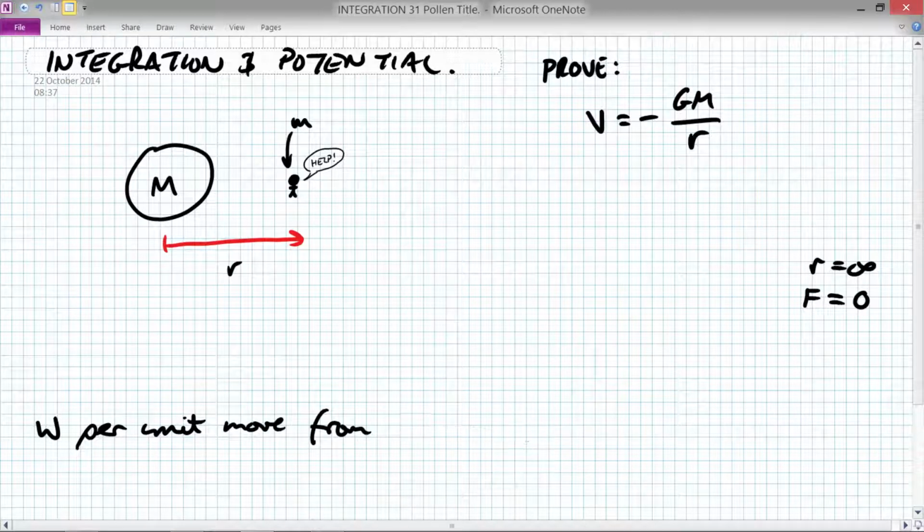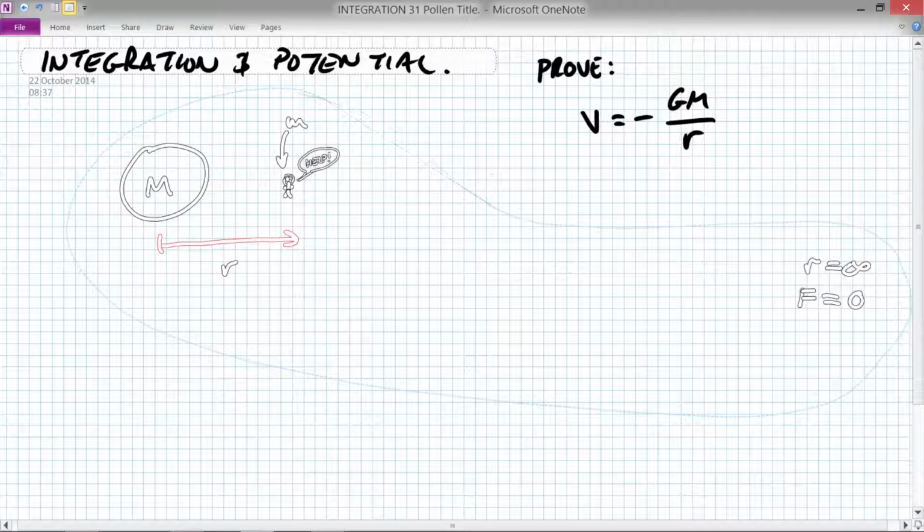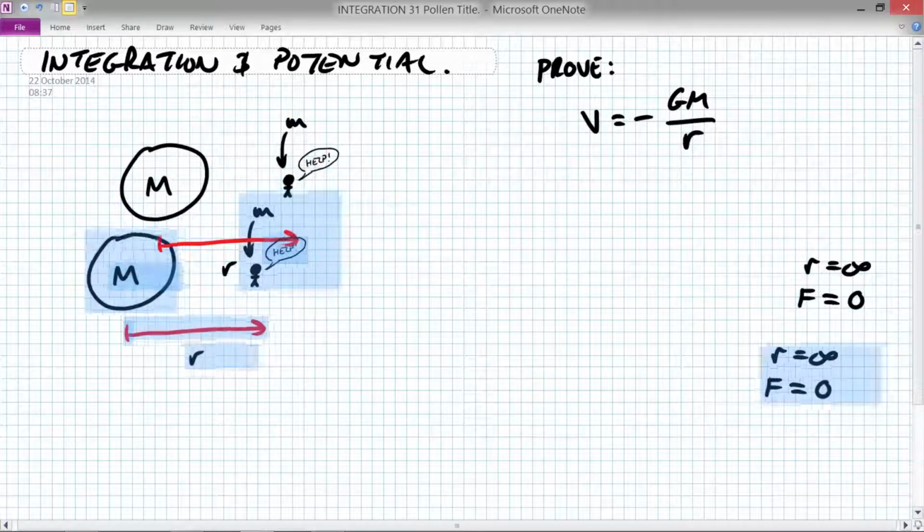But at infinity, if there's no force, he can't be acted upon gravitationally in theory.